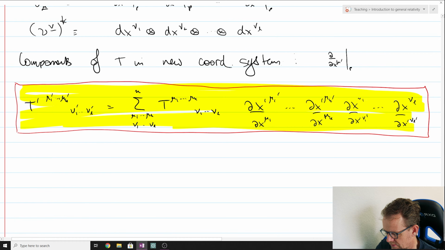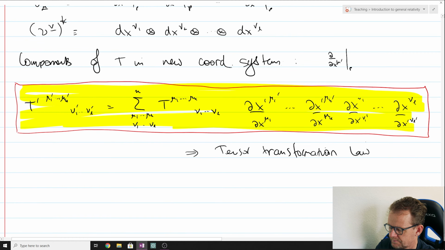So that's the so-called tensor transformation law, which I'm going to label star, I think.